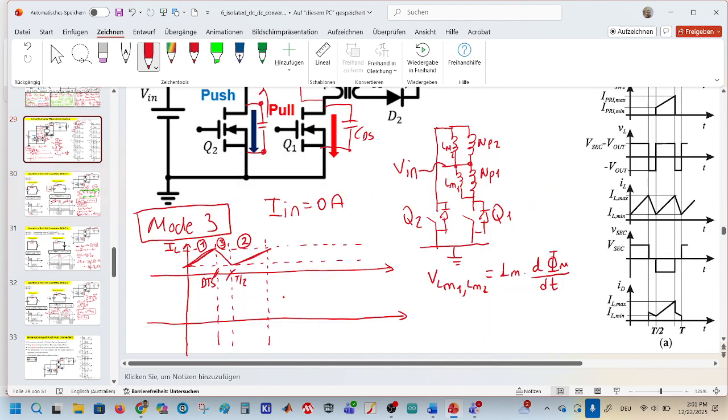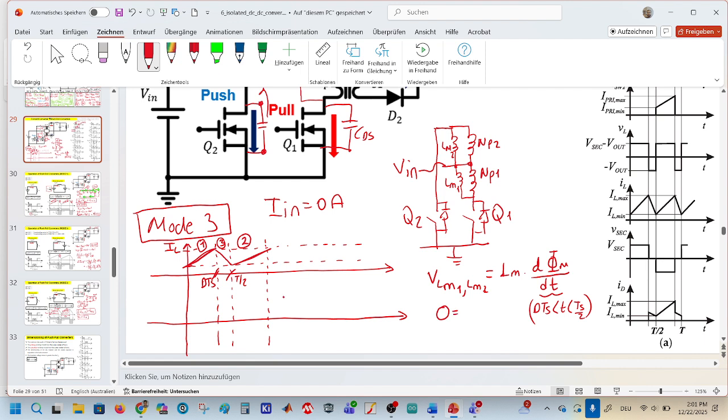So the question is that here, if there is no voltage during the third mode of operation, the voltage is zero.